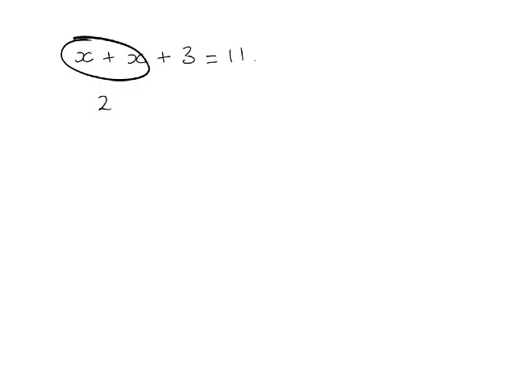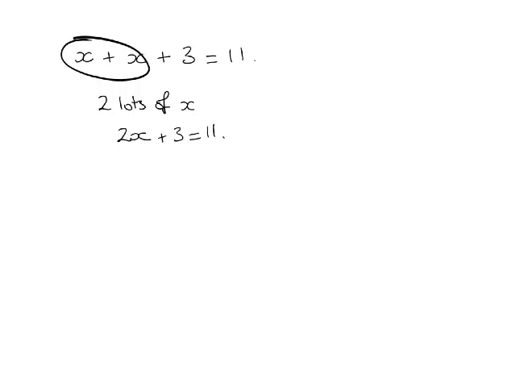So we've got 2 lots of x. We don't have to write 2 lots of x. It means the same as 2 times x, x twice, x times 2. So the way we do it in maths is we put the numbers and the letters together. Numbers first, then letters, so we call it 2x. 2x plus 3 equals 11.